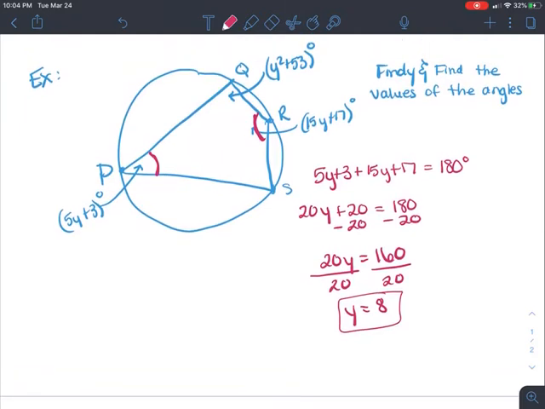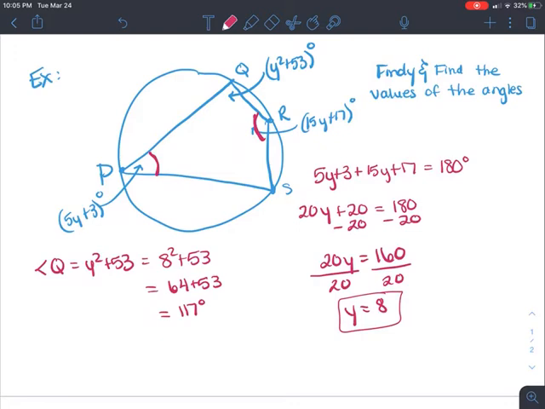I can go back in and solve for each of my angles. Angle Q is y squared plus 53, so I will plug in 8 squared plus 53, which gives me 64 plus 53, a total of 117 degrees.